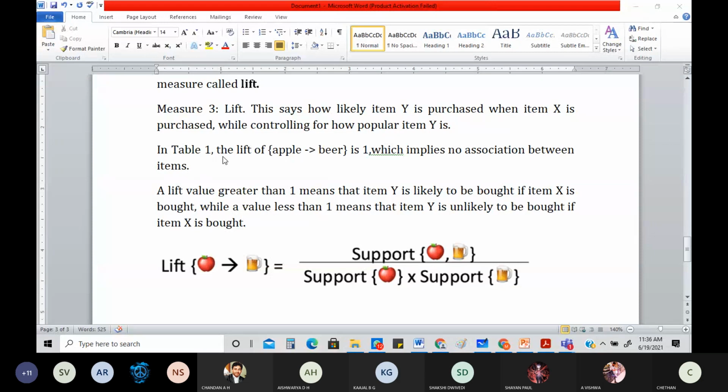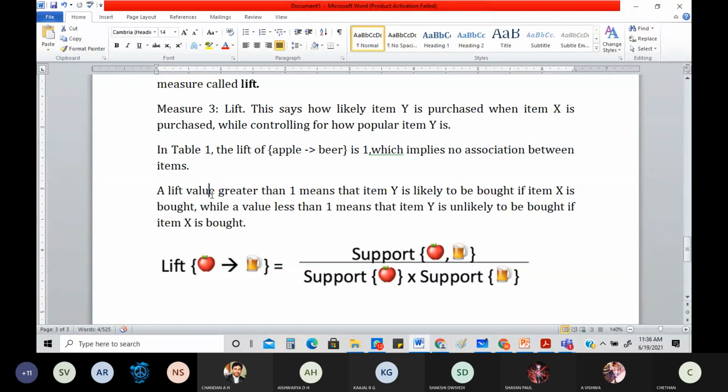A lift value in table 1, the lift of apple tends to beer. If I am buying apple, I am also buying beer. You can see the first line: how likely an item Y is purchased when item X is purchased while controlling how popular item Y is. The lift of apple tends to beer is one, which implies no association between the items.